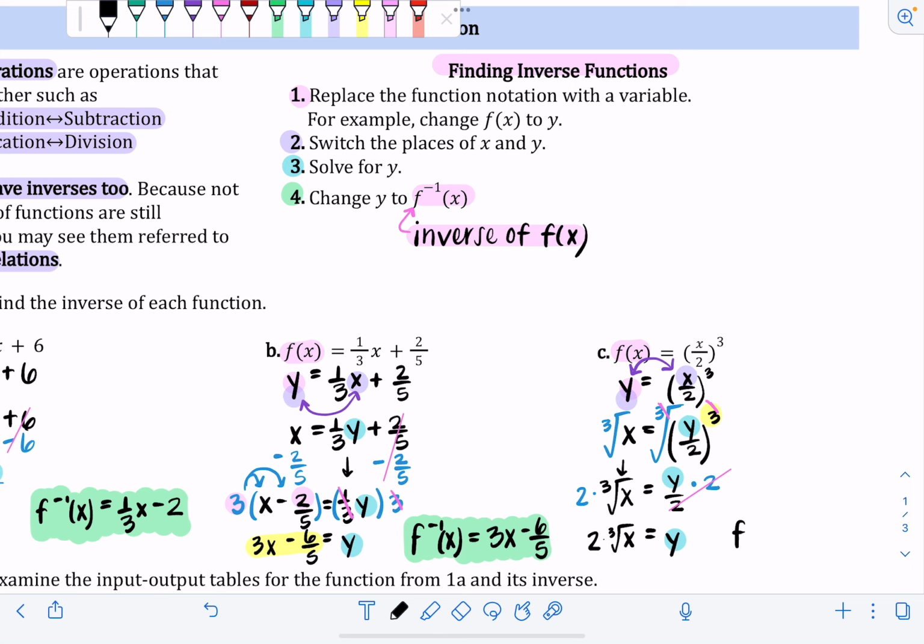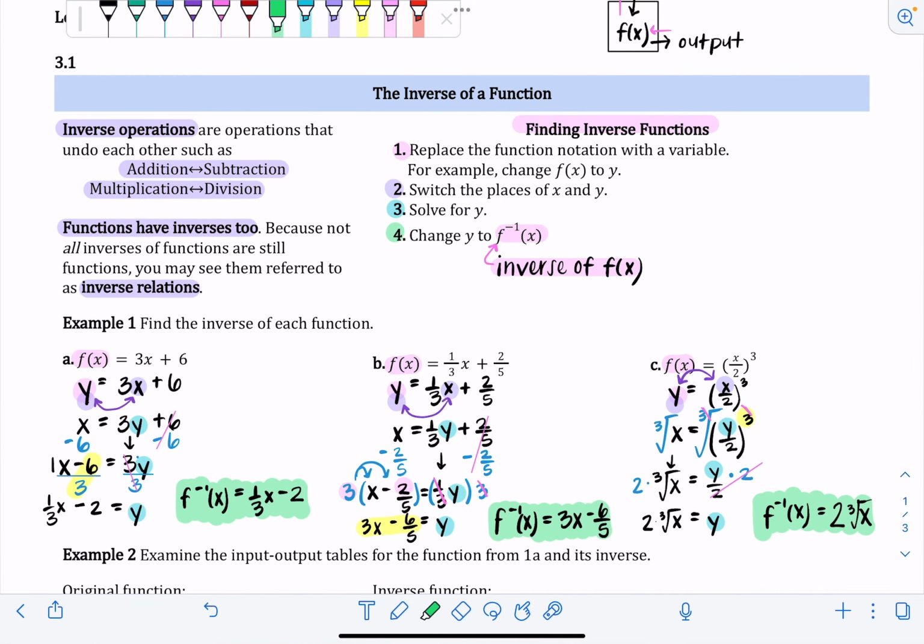So it'd be the inverse of f of x equals 2 times the cubed root of x. Okay, so biggest thing, save this set of directions for finding the inverse so that you can always refer back to them for a checkpoint or an exam.